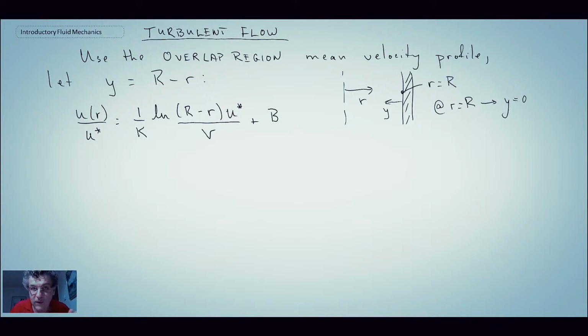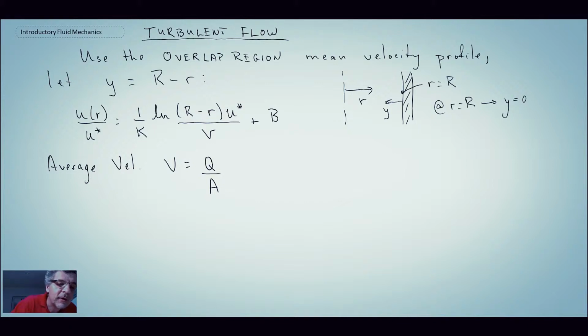That's all taking place because we're getting better and better data, enabling us to study this profile in more detail. For the purposes of what we're doing here, however, we're not really going to worry about that, because the main thing that Prandtl and von Karman and everybody else who studied this were trying to do was come up with a functional relationship with which to collapse experimental data. And that's the approach that we're going to take.